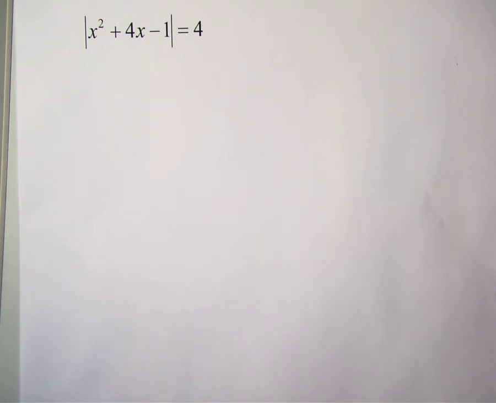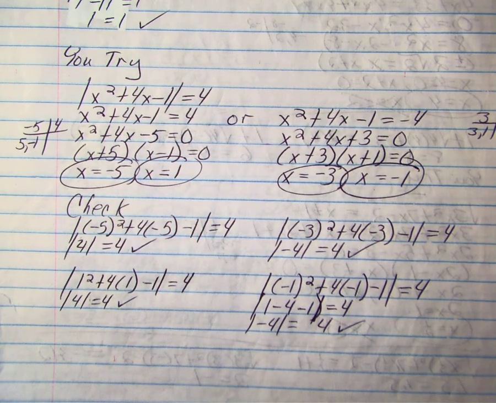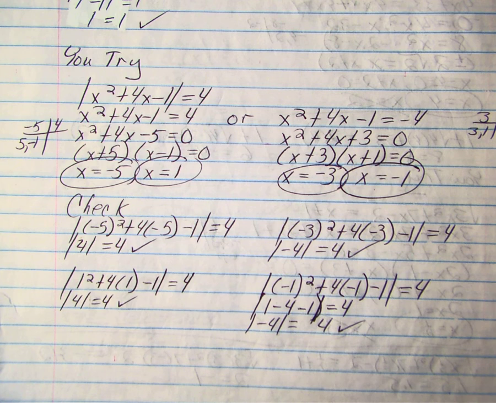Okay, welcome back. And here I have my solutions that I've already worked out for you. Again, step one is to rewrite two separate quadratic equations, one where you're setting your equation equal to +4 and the other is equal to -4.